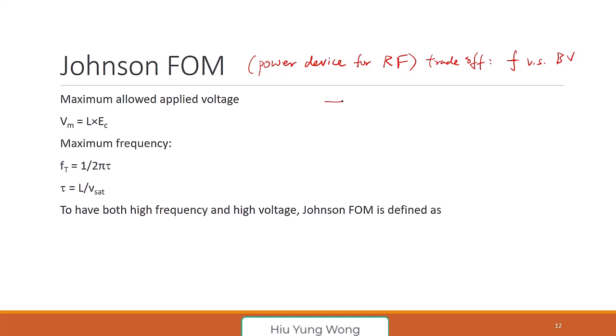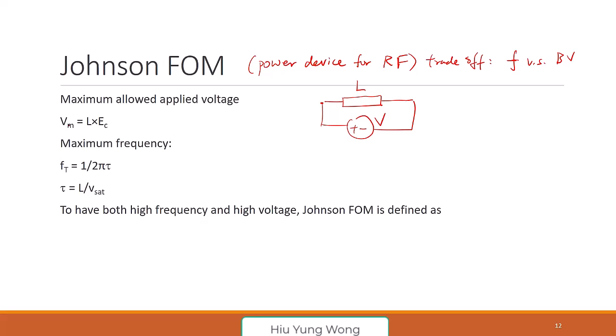So let's just think about a pure device, right? I draw it nicely like a resistor. But the point is, apply a voltage on top of it, V, and the length is L, right? So what is the maximum voltage I can apply?